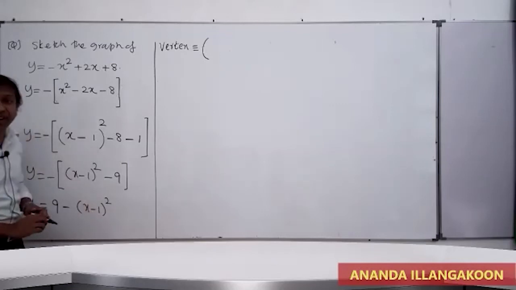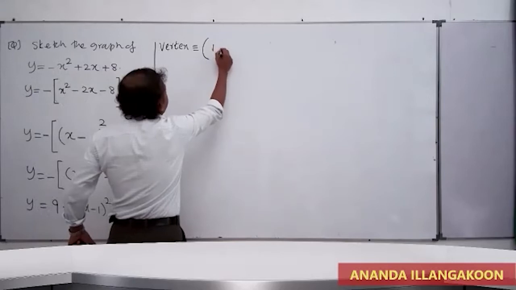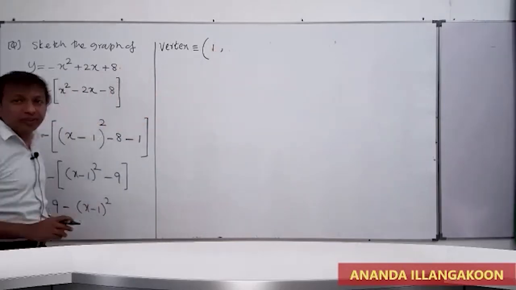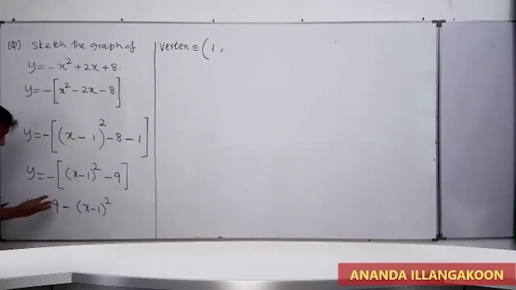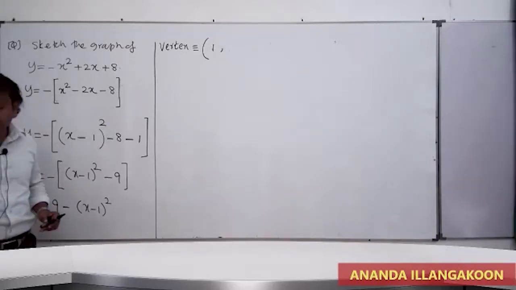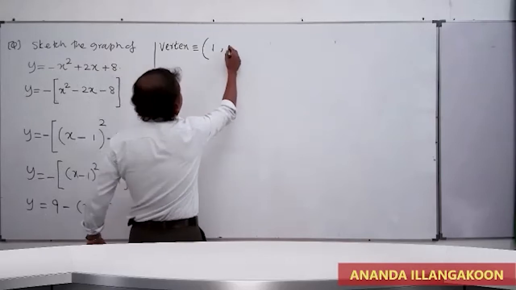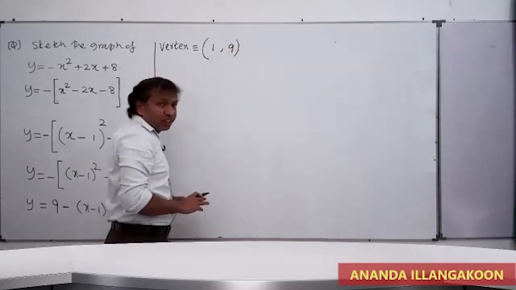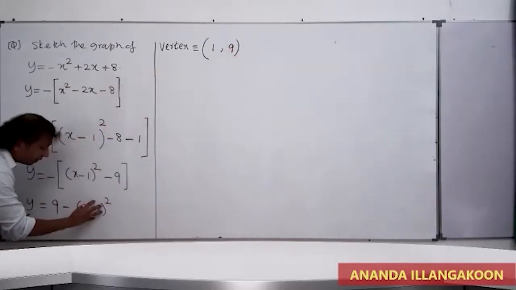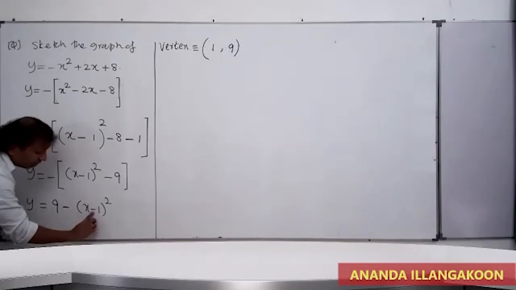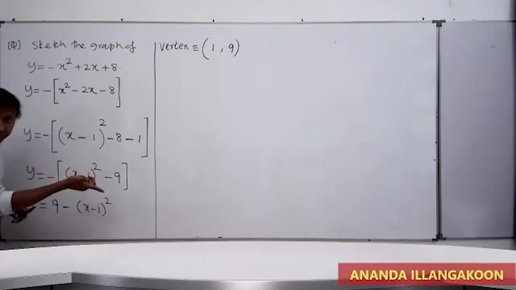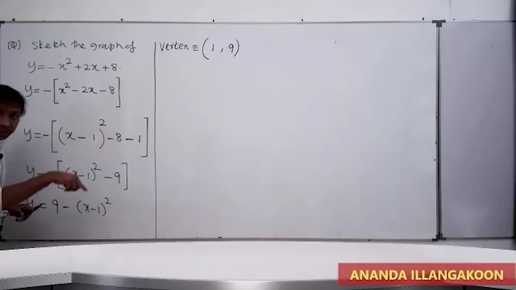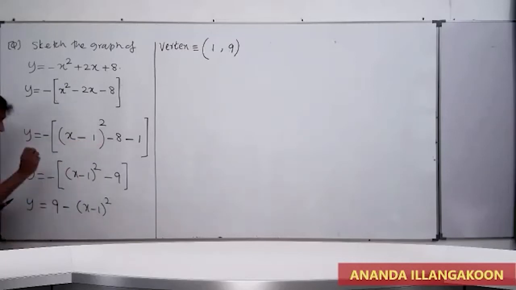It's 1. Come on, people. The y coordinate is this single value. It is now plus 9. Then the vertex is (1, 9). Always the x coordinate is taken from the bracket, changing this sign to the opposite. Right? Minus, then plus. The y coordinate is this.